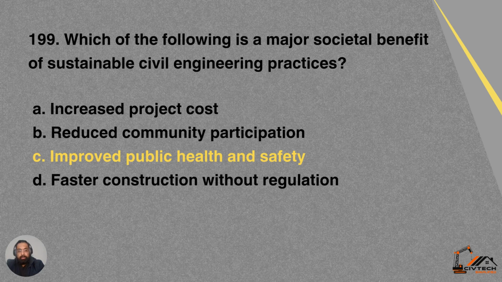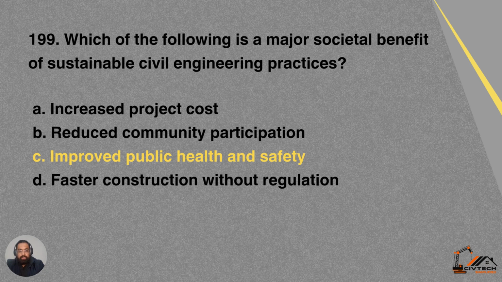199. Which of the following is a major societal benefit of sustainable civil engineering practices? Option A, increased project cost. Option B, reduced community participation. Option C, improved public health and safety.